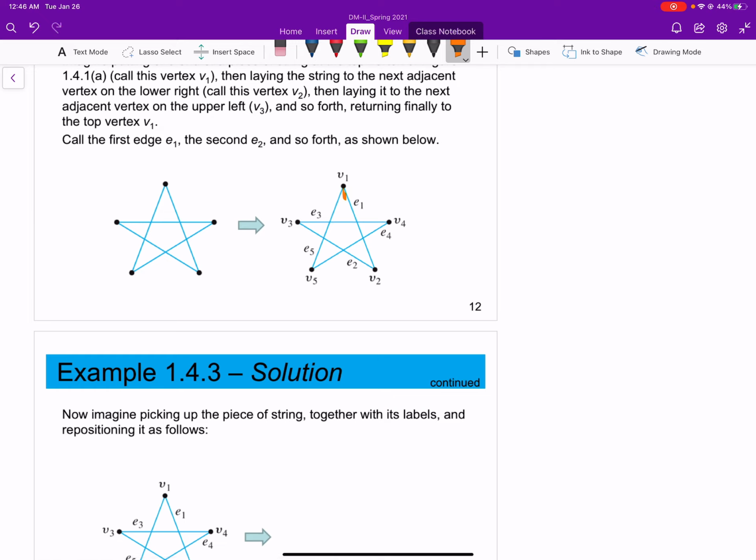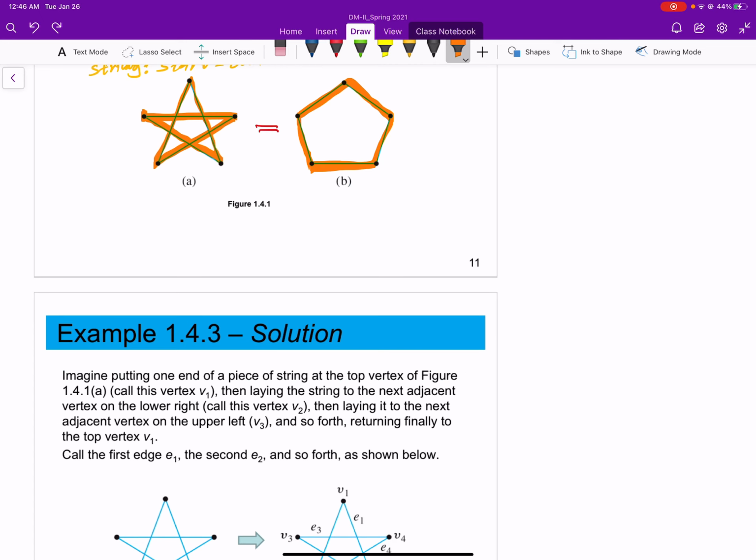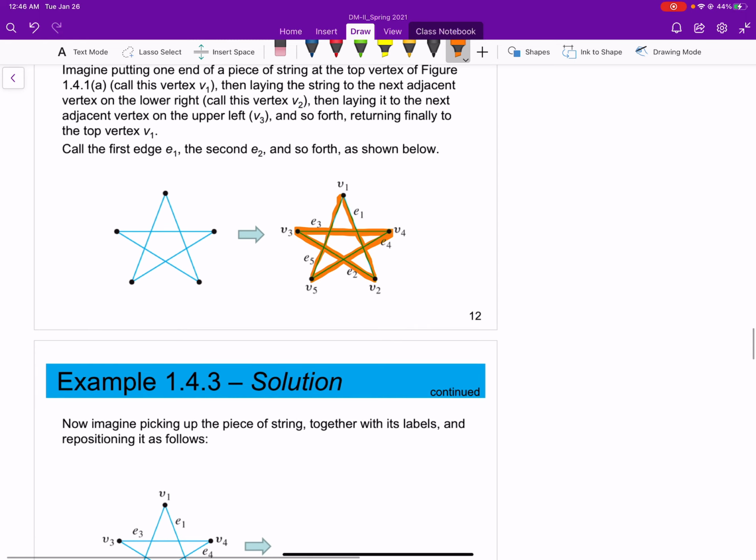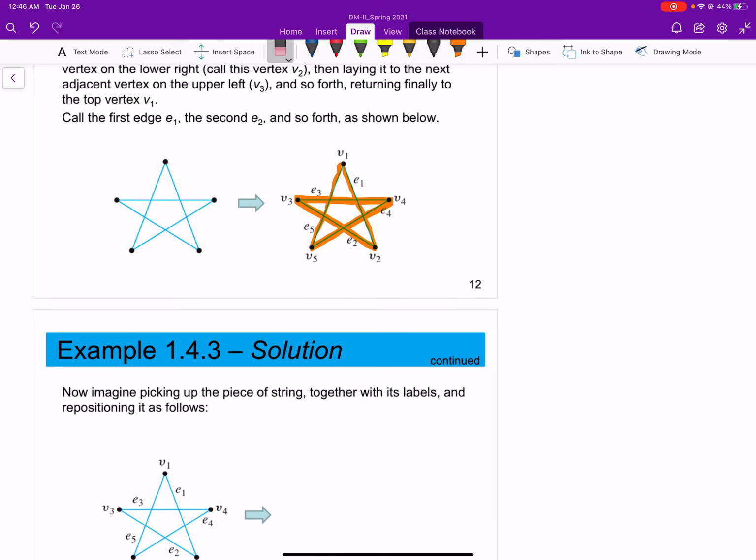So start from here. You go down like that, going like that, going like that, going like that. All right. So now you mark and label the vertices and edges.